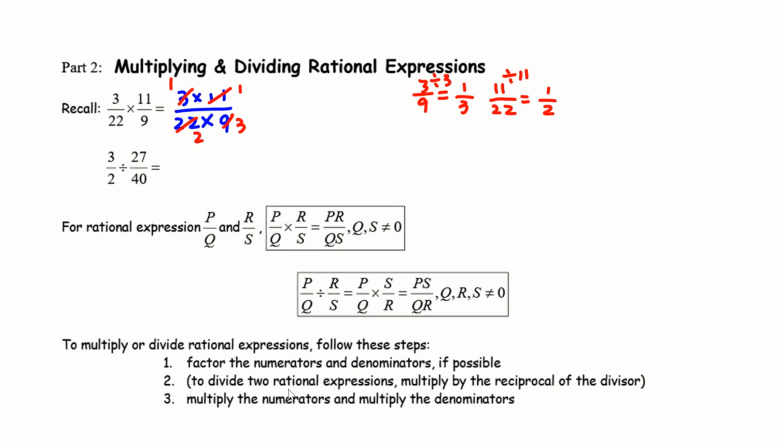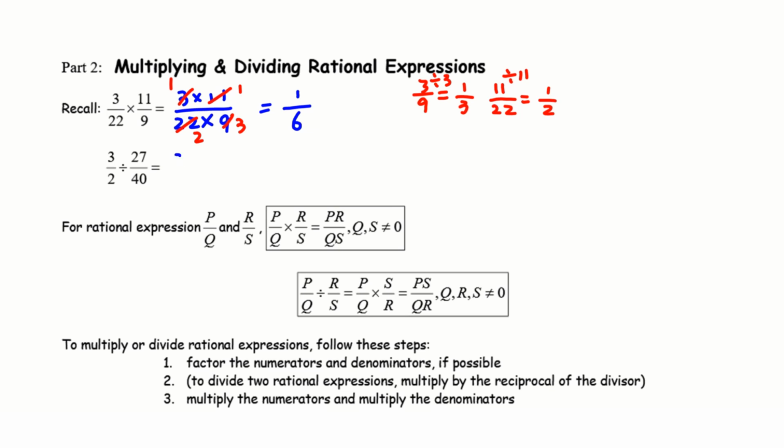Then numerator, the two numbers times: 1 times 1 gives you 1, 2 times 3 gives you 6. That is the idea that we are going to apply for rational expressions. We find the factors of each rational expression and cancel the common factors out.